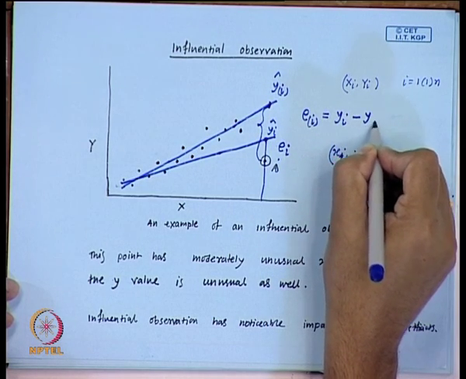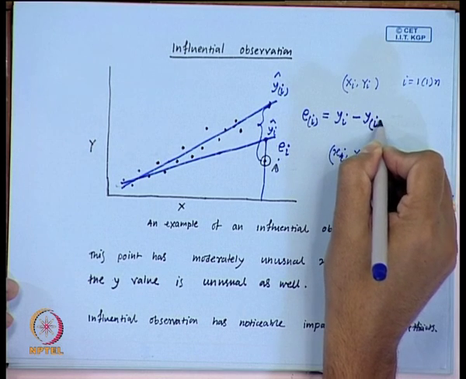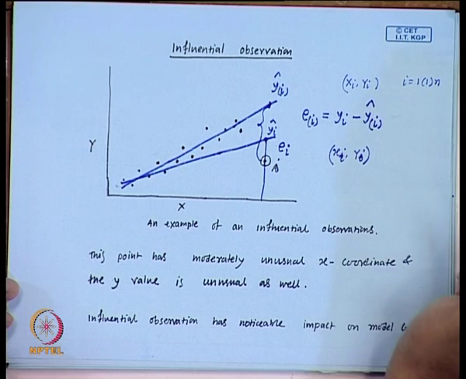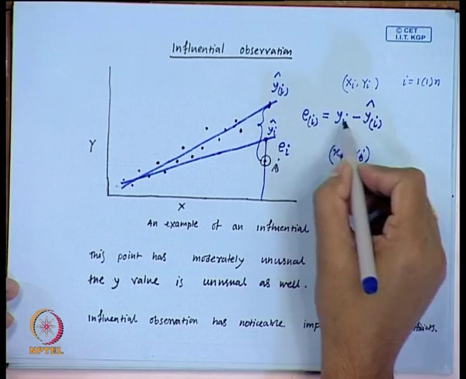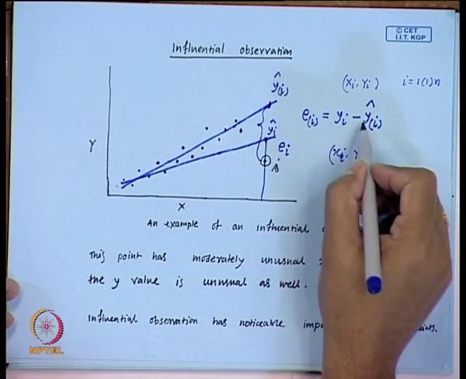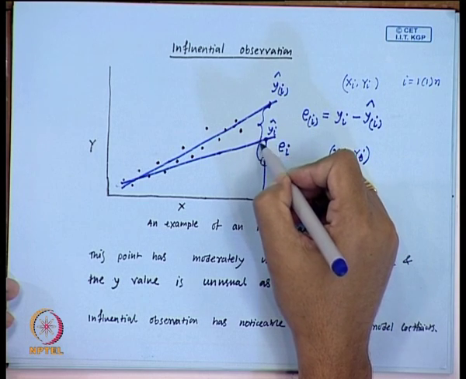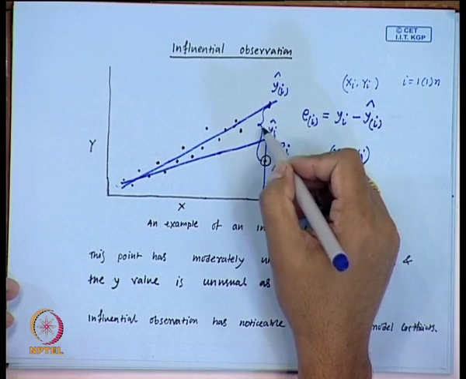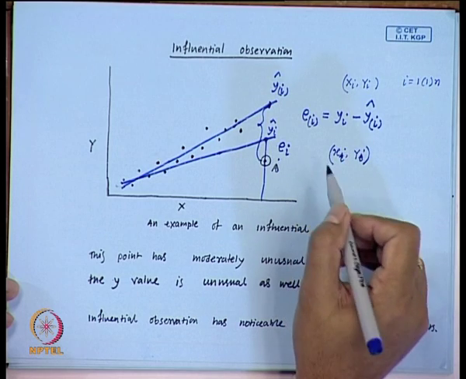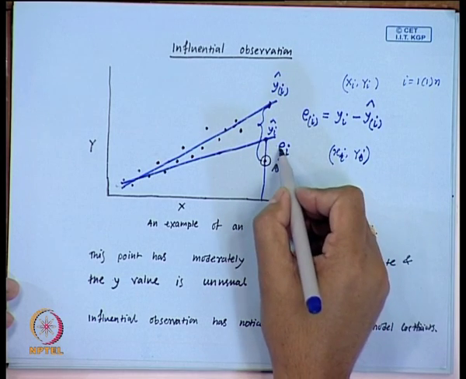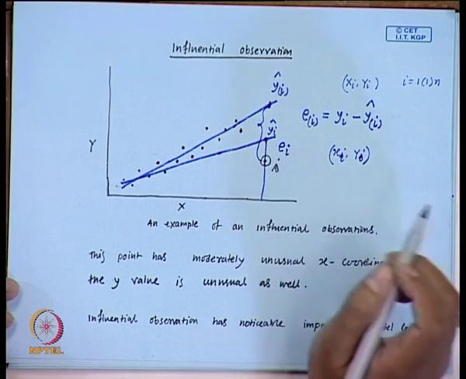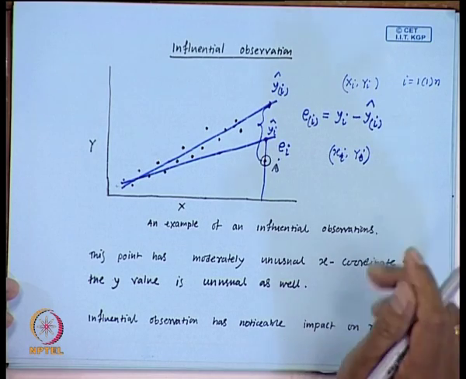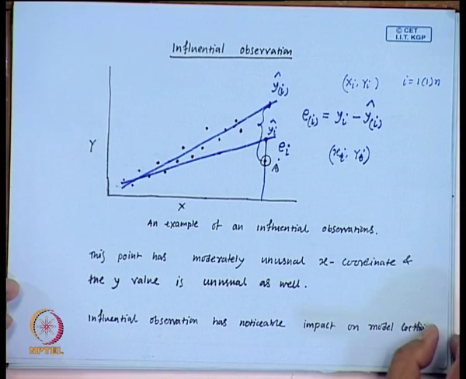So, y I minus y I hat bracket I, and you can see that the ith PRESS residual is substantially larger than the regular residual E I. Okay.